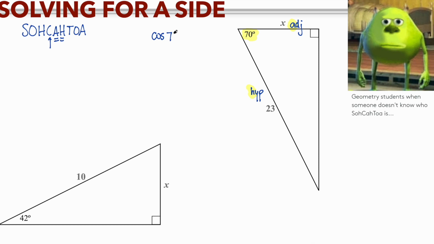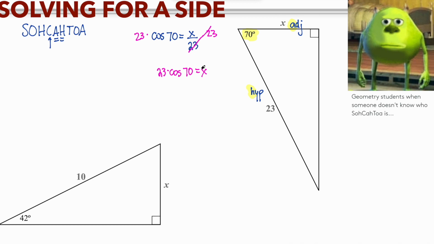So cosine of our angle is going to be my adjacent over my hypotenuse, and we now have an equation that we can actually solve for. So to solve for the x, I'm going to multiply both sides by 23. So I will get 23 times cosine of 70 equals x.